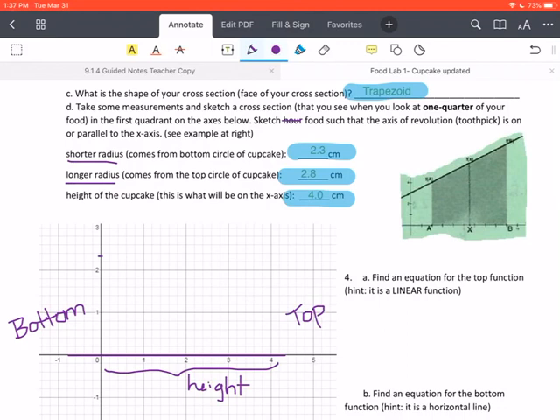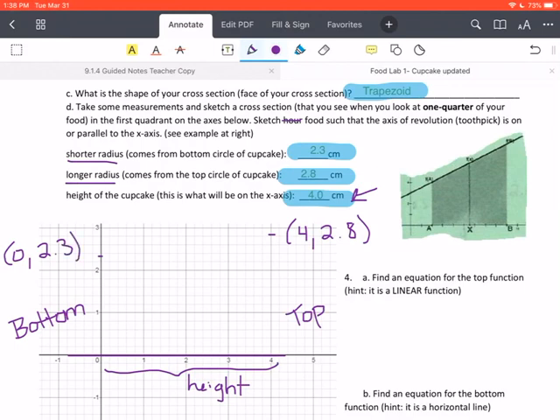And then I'm going to graph the top, but I need to think about where the top is going to be. It's going to be 4 centimeters away from where the bottom is sitting. So we're going to go over to 4, and I'm going to go up to 2.8. Okay, and we can label these points. This point right here is (4, 2.8), everything measured in centimeters. And then the point on the y-axis is (0, 2.3).